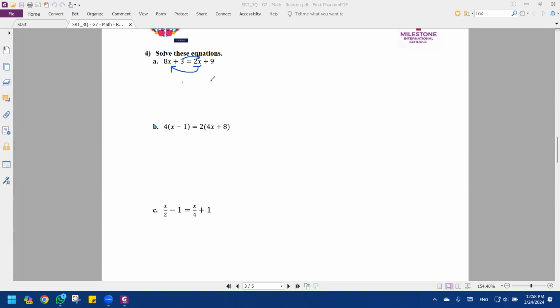Now let me start from the left side. We have 8x. When I bring 2x to the left it will be minus 2x, is equal to, now on the right side I have 9, and then that 3 will go to the right, will be minus 3. Next we simplify: 8x minus 2x is 6x, 9 minus 3 is 6.